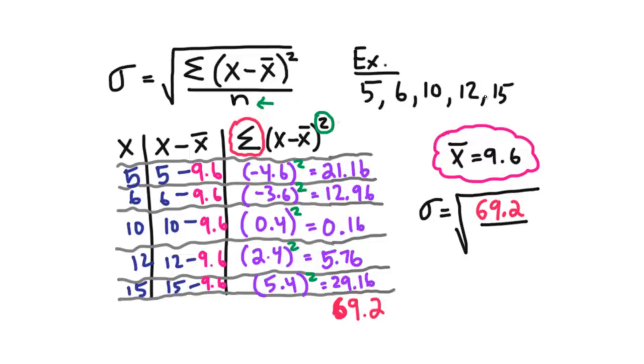And since we have 5 numbers, n is going to be 5. So if we were to calculate 69.2 divided by 5, we're going to get 13.84. And if we take the square root of that, it's approximately 3.72. Alright, so that's the standard deviation, 3.72.